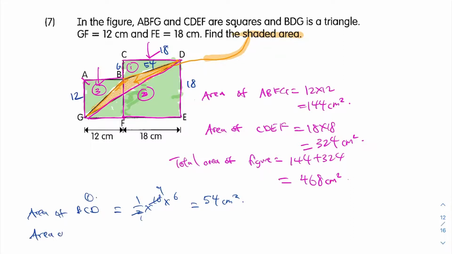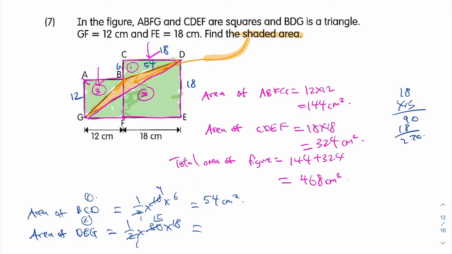Next, area of DEG. So this is triangle number 2, would be half times 30 times 18. So 18 times 15 is 270 square centimeters. So this whole part here is 270.